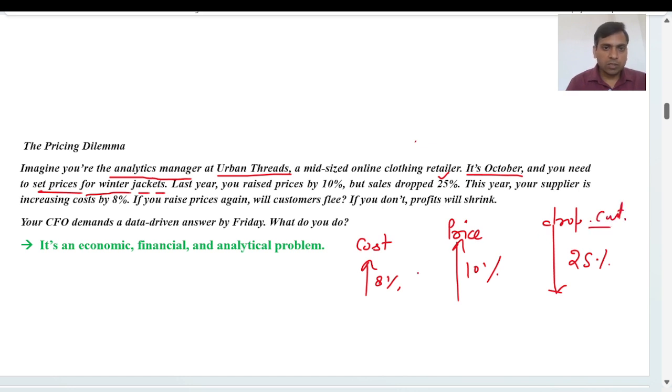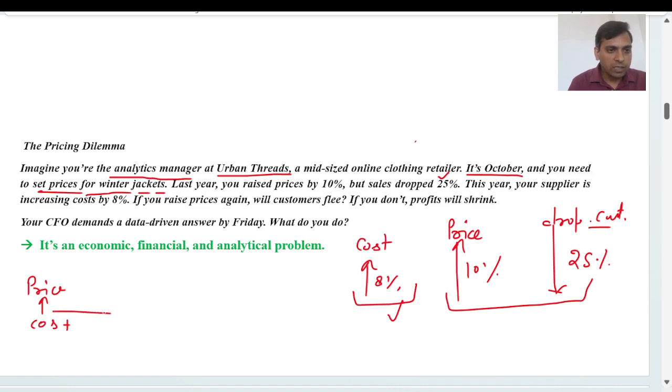There are three things. As per previous data, we have these two. Now the current situation is the increasing price of raw material from the supplier. Price is totally based on cost, so if cost increases by 8%, naturally you need to increase the price also.